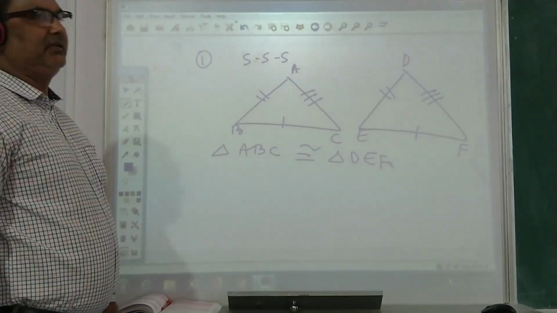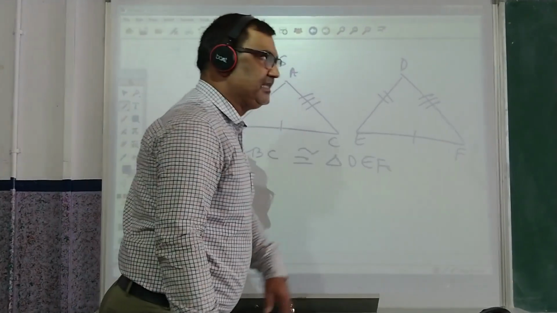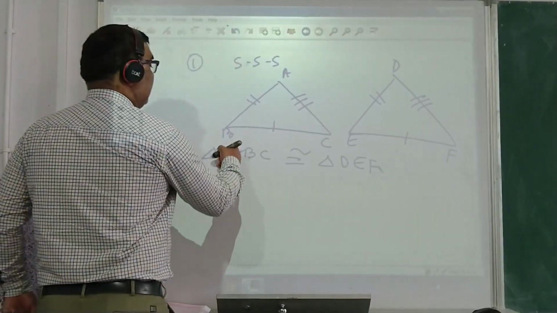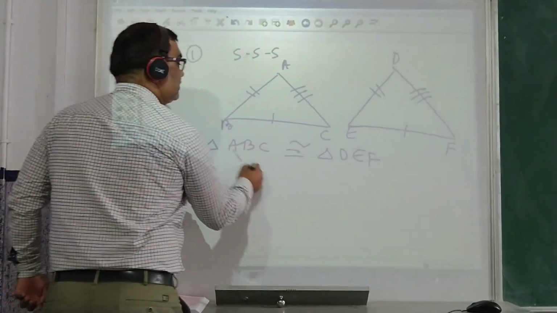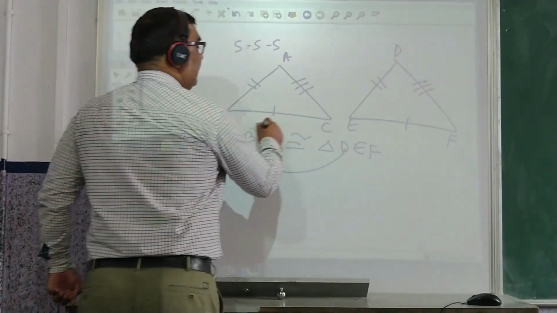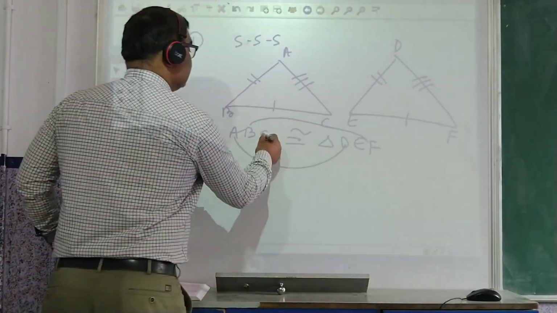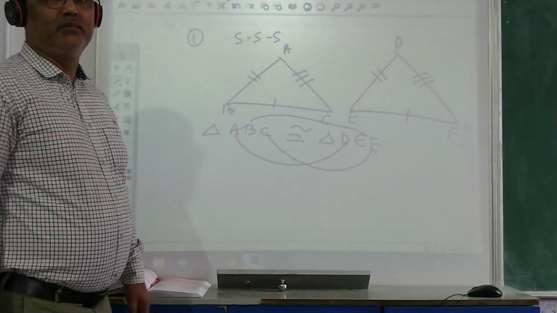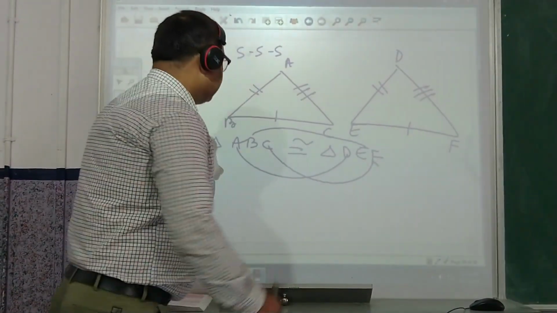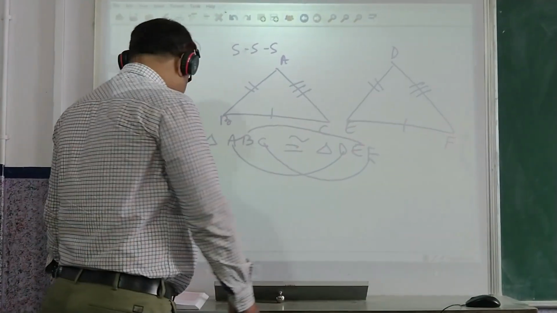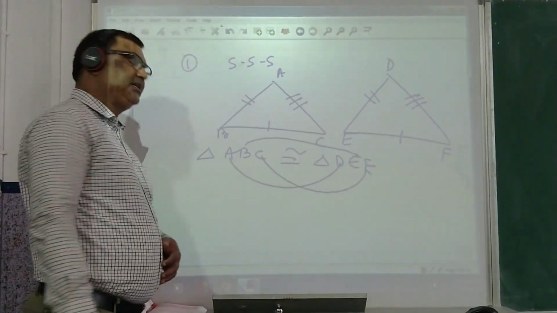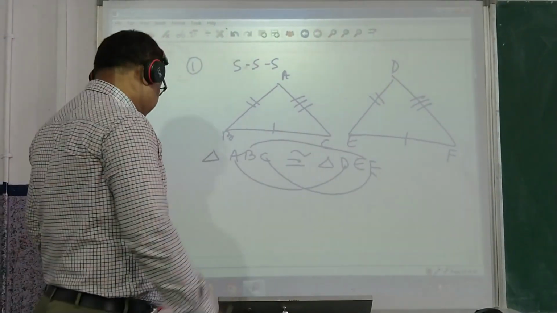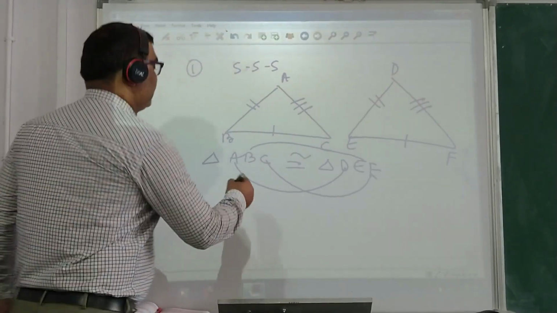It means by simplicity we can say angle A equals D, B equals E, C equals F. By simplicity means corresponding parts of congruent triangles are congruent.